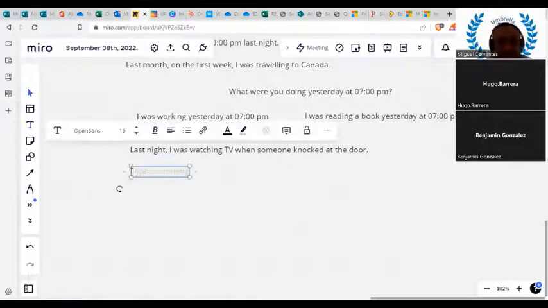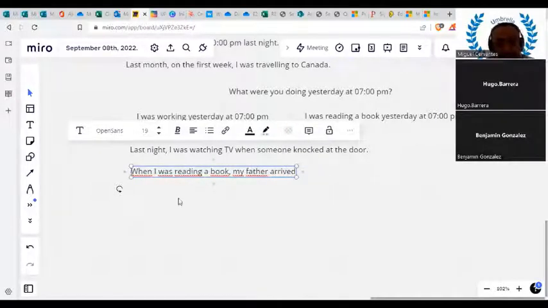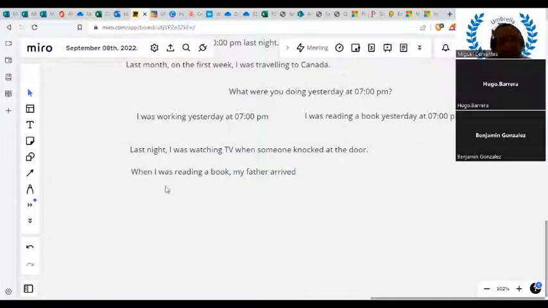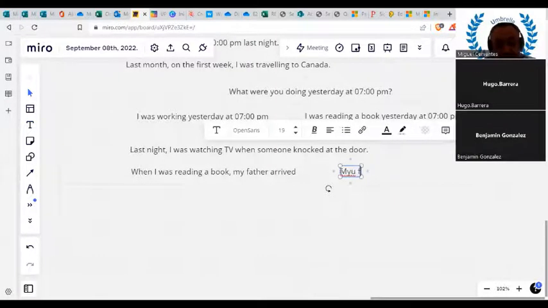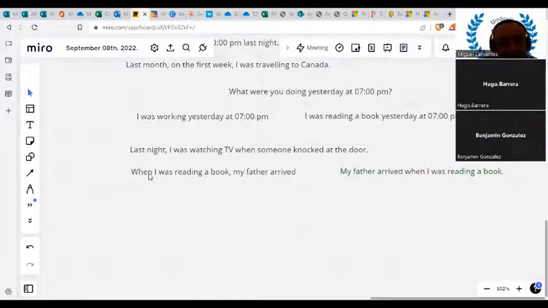Or, for example, you can say, when I was reading a book, my father arrived. En un libro, mi papá llegó. O pueden decir, my father arrived when I was reading a book. Ojo, chicos. Pueden decirlo de cualquier manera, ¿ok?